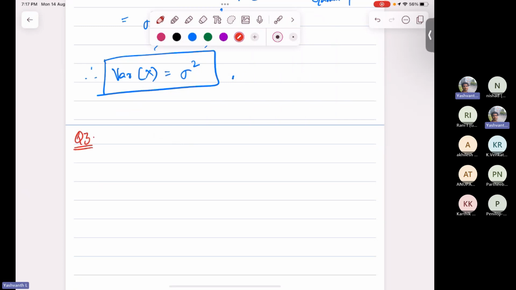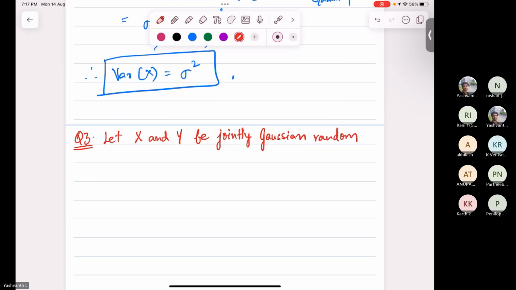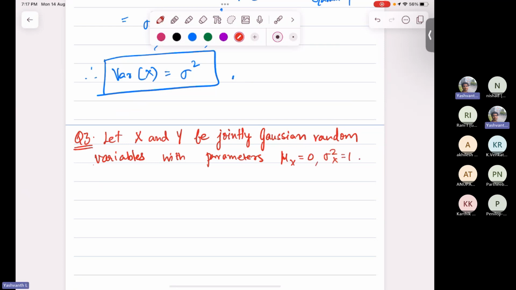Question 3. Let X and Y be jointly Gaussian random variables with parameters mu x equal to 0, sigma square x equal to 1, mu y equal to minus 1, and sigma square y equal to 4.